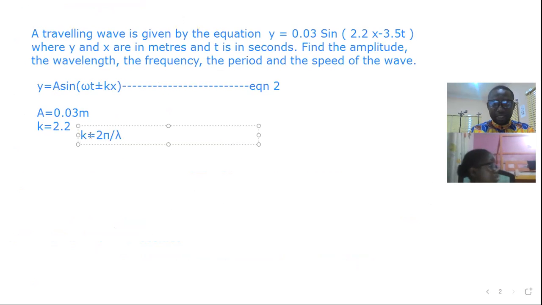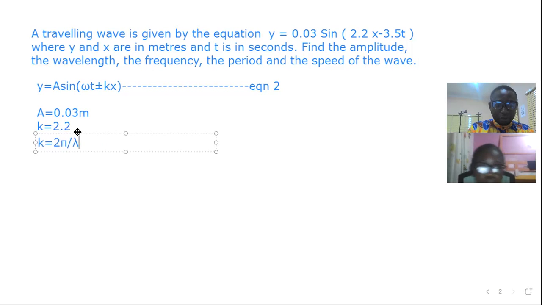K is actually 2 pi over lambda, isn't it? Yes. Awesome. Imagine we know K and we are asked to find lambda. We know K, we have 2 pi. I hope you know how I got K to be 2.2. So K equals 2 pi over lambda. Tell me, what would be lambda?